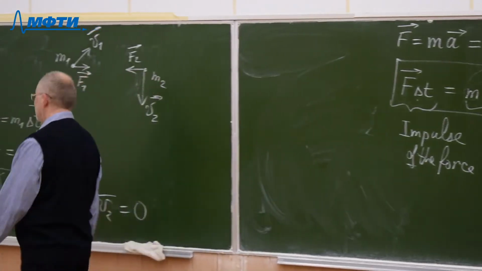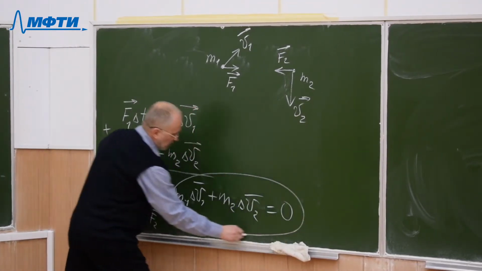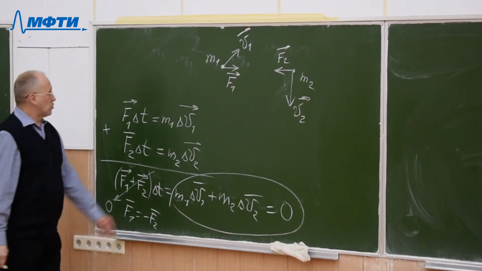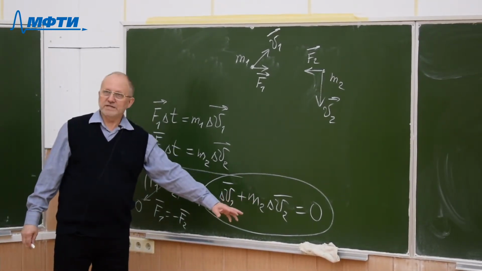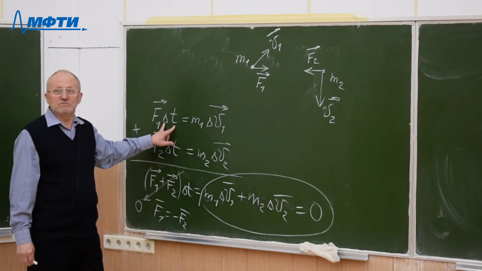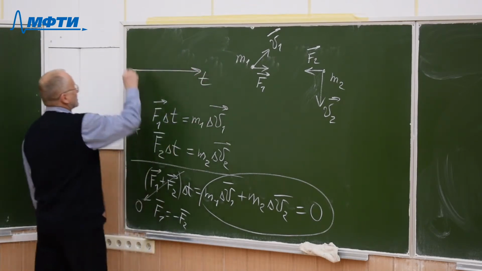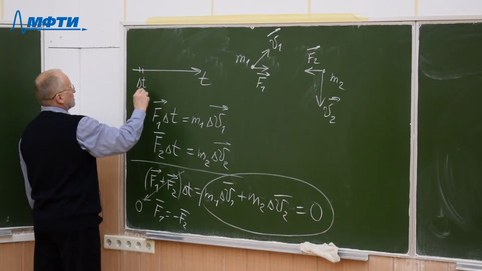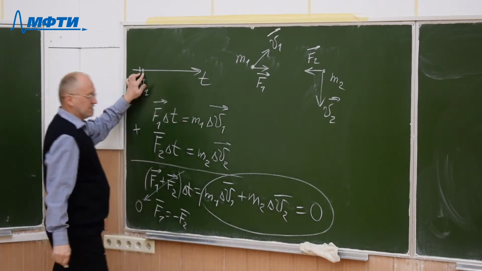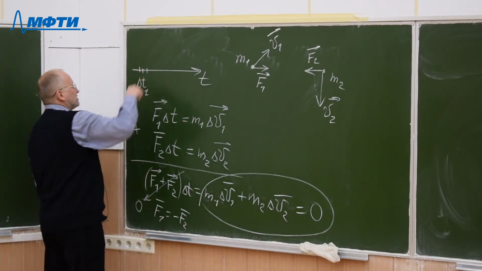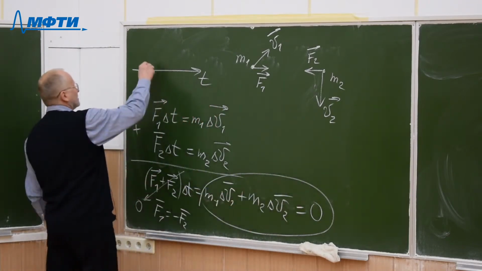Under this assumption, we obtain that the change in momentum of the two particles occurring during time interval delta t is 0. That is, if we choose a very small time interval, let's imagine the time axis. We have chosen a small time interval, delta t1, and during this time interval the change of momentum is 0. Then we consider the second time interval, and again the change in momentum is 0, and so on for all other time intervals.